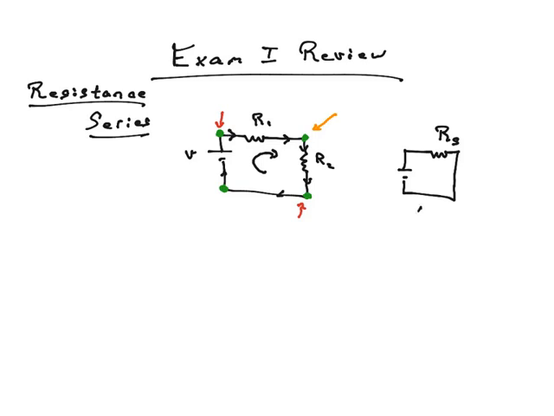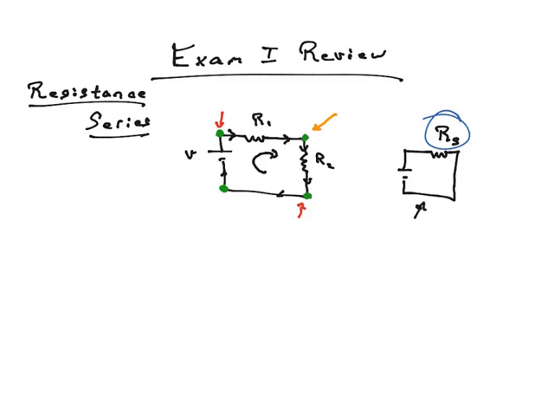So this circuit here is an equivalent circuit, meaning it acts the same as our original circuit, but it's simplified. Instead of having two resistors, it's just got one resistor. And so what we would want to do is figure out what is the resistance of this new equivalent circuit's resistor.